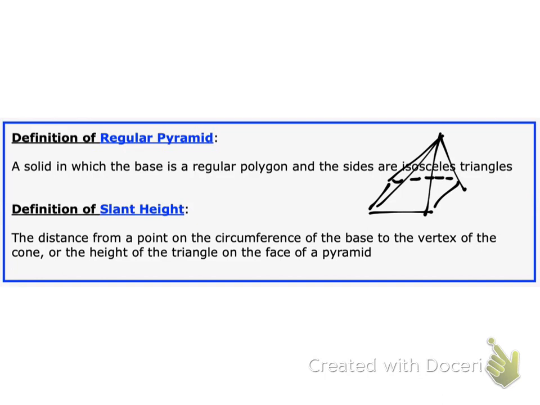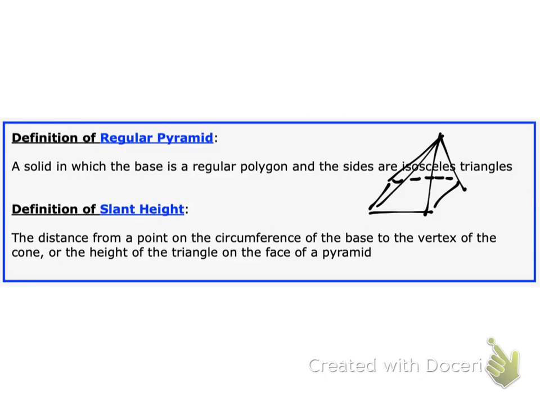The base has to be one of our polygons. So square, rectangle, pentagon, heptagon, decagon, octagon, whatever. Then the sides are all triangles. It's named again by the base, so it would be like a square pyramid, a rectangular pyramid, an octagonal pyramid.